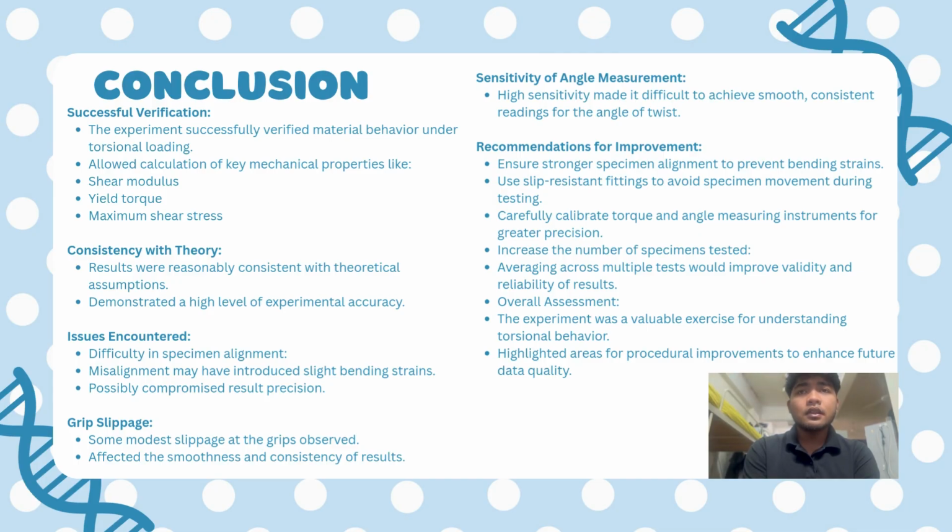The third one is issues encountered. Difficulty in specimen alignment. Misalignment may have introduced slight bending strains, possibly compromising results. Grip slippage. Some slippage at the grips was observed, which affected the smoothness and consistency of results.